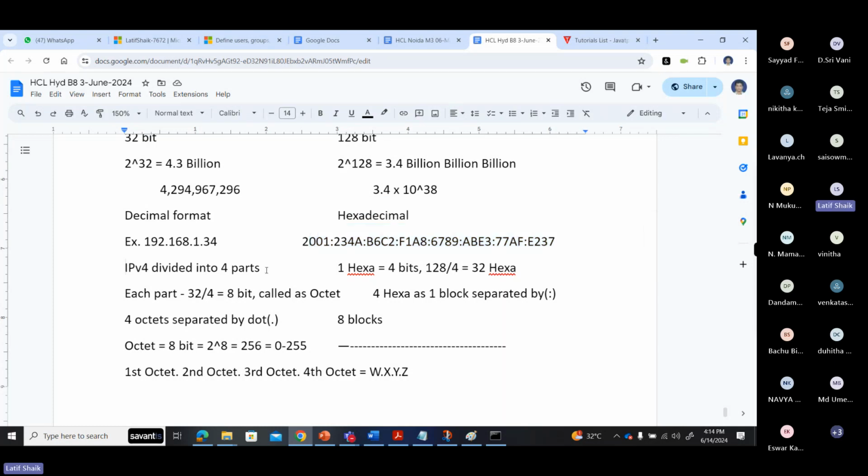This IPv4 32-bit address is divided into four parts. Each part we call an octet. 32 bits divided by 4 means 8 bits, so it is called an octet.